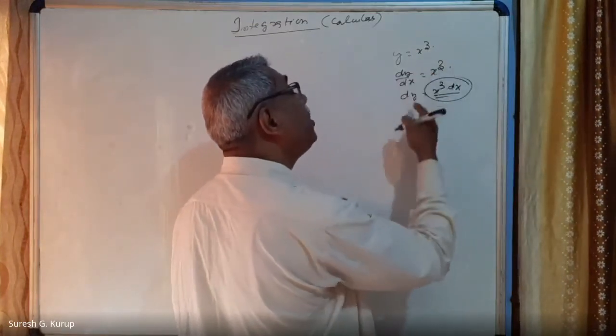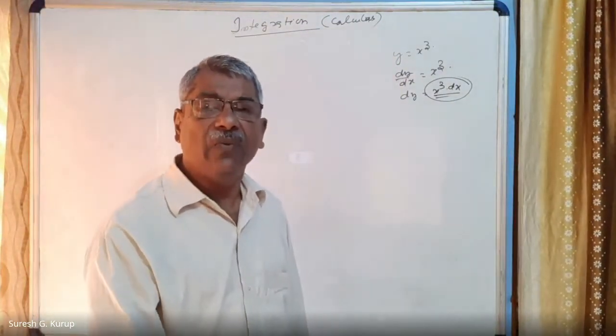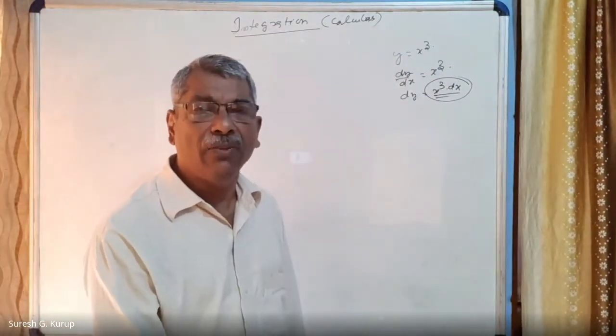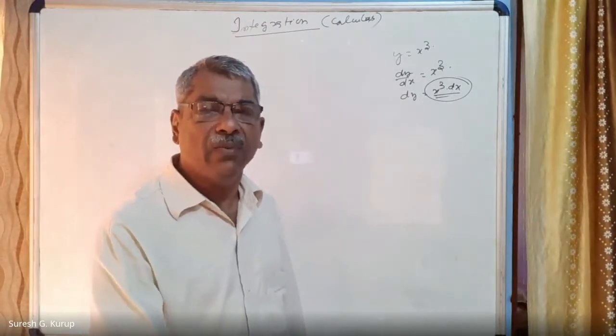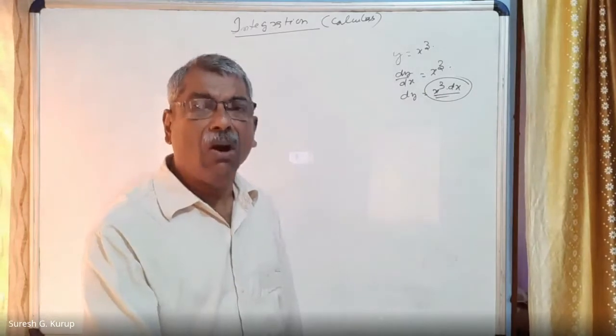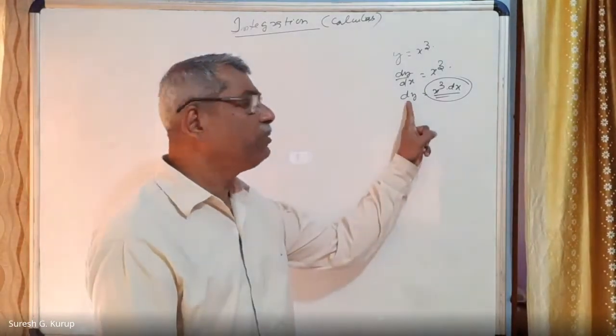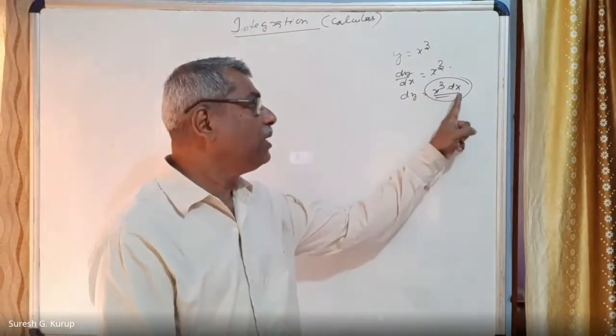What is dy? dy is the very small change in the value of the dependent variable or the function. Y is the function. The small value of the function you are getting, that is this one.